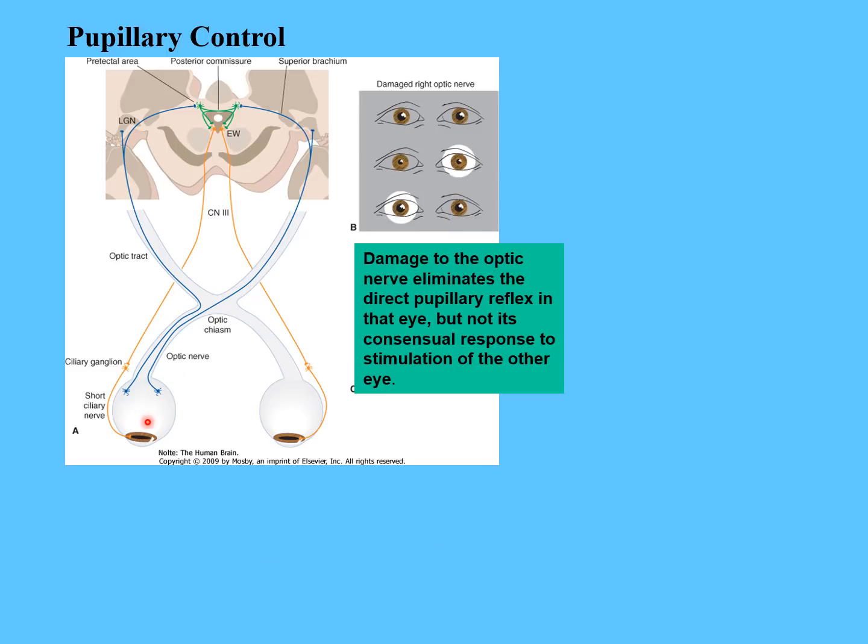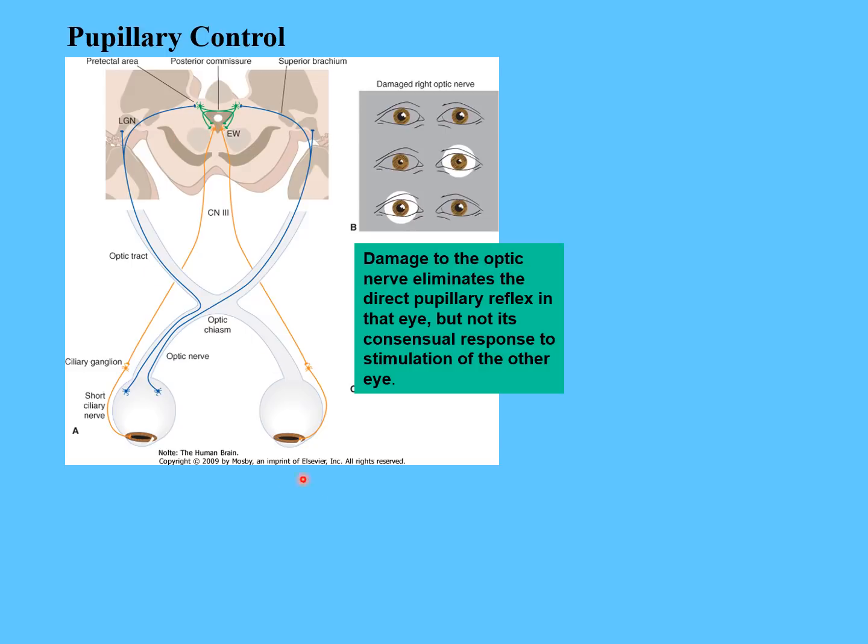So we see here that if there was damage to the optic nerve in this eye, then if you shine a light in that eye, you would not have a pupillary response because there's no light getting in and no information getting back to the Edinger-Westphal nucleus.